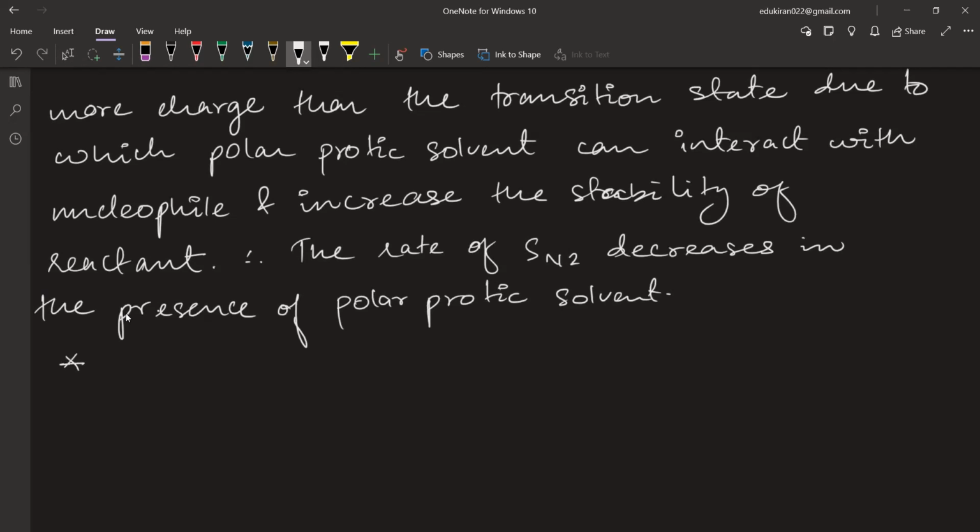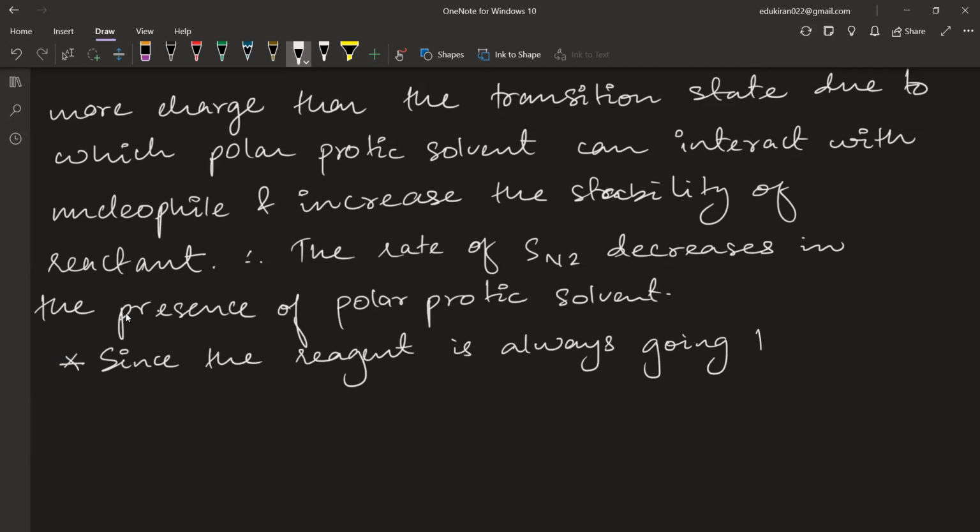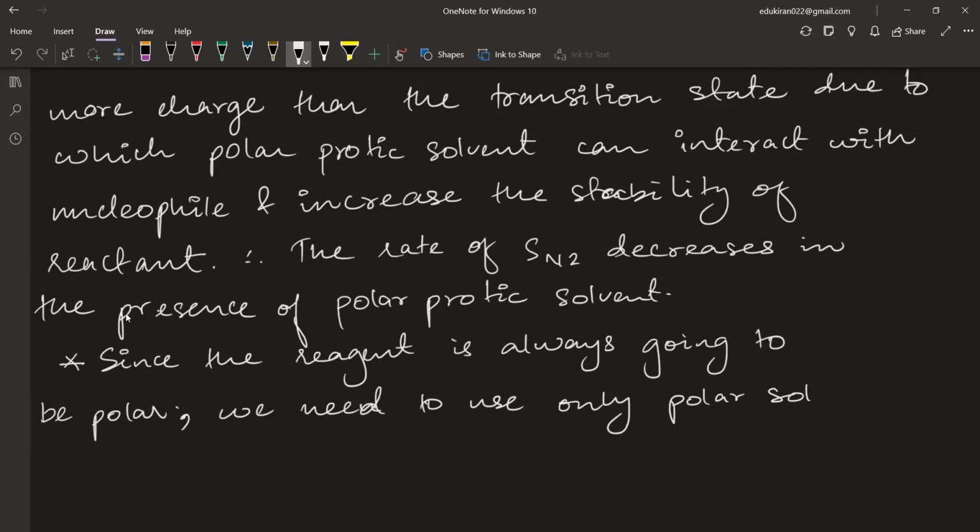Write the next point. You will write, since the reagent is always going to be polar, we need to use only polar solvents in nucleophilic substitution.